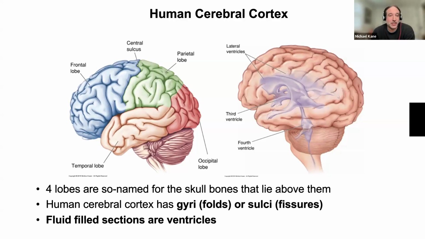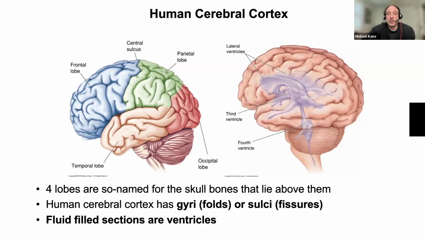One of the things that you should notice when you look at a human brain is that it's very wrinkly, and these actually have technical terms. They're called gyri, which are the individual folds of the brain, and that's what you would see when you're looking across the surface of the brain. And then you have the little fissures that lie between those gyri, and those fissures are called sulci.